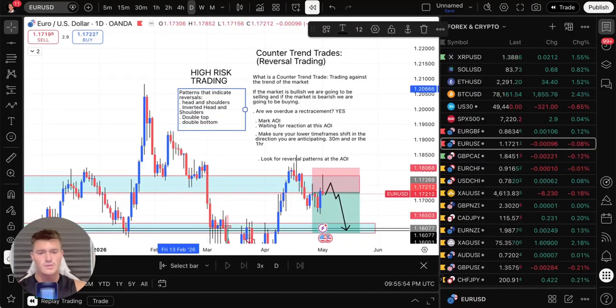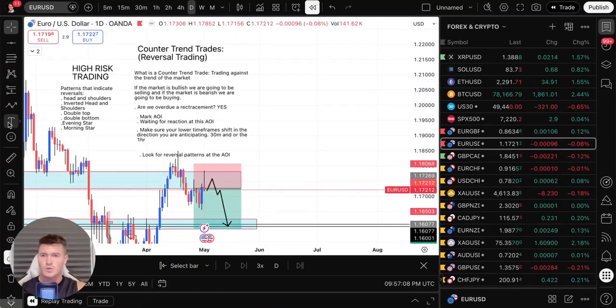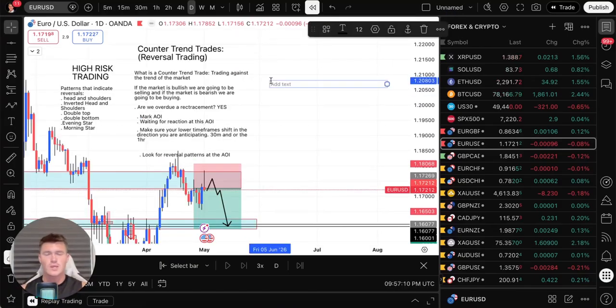And then of course you've got your evening star and morning star patterns. So I'm just going to make a list right here so you guys can screenshot what exactly you're looking for so you can check the boxes off if you are reversal trading.